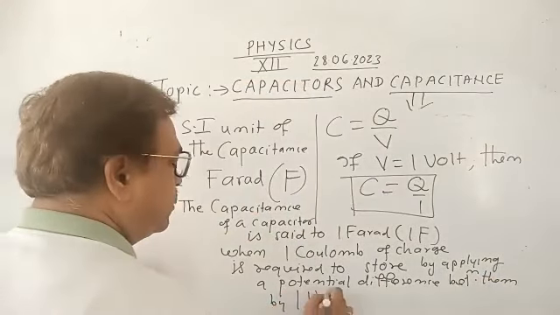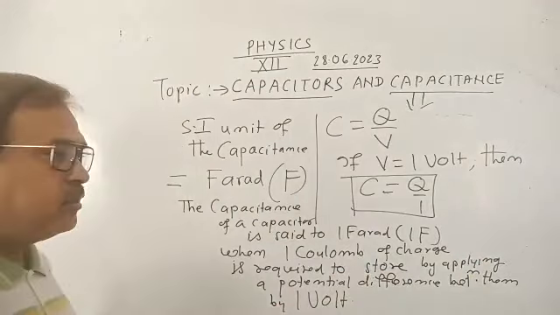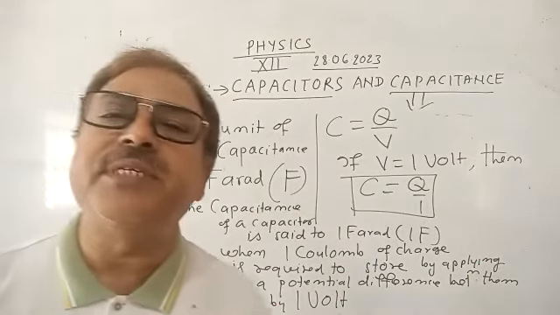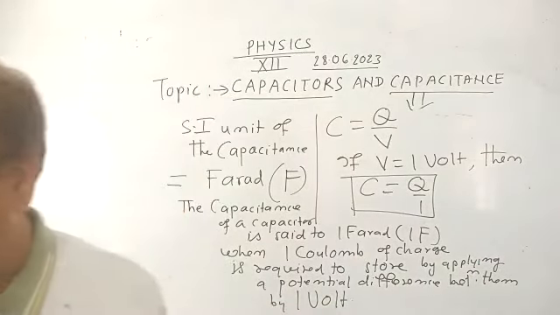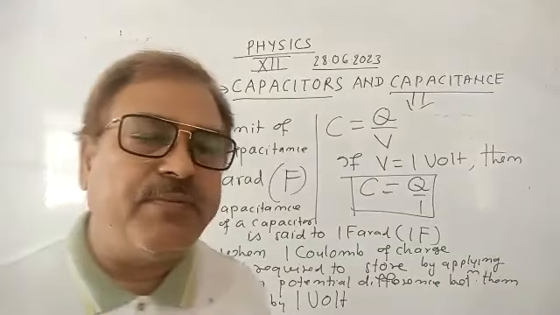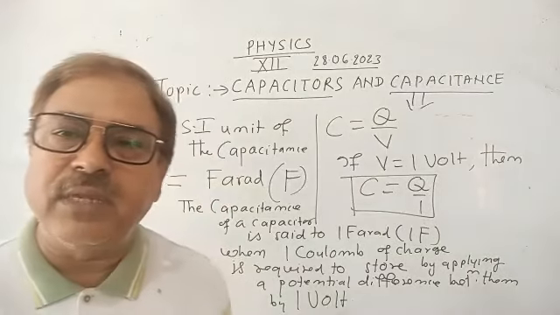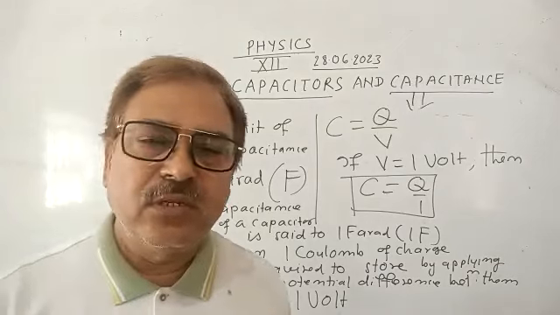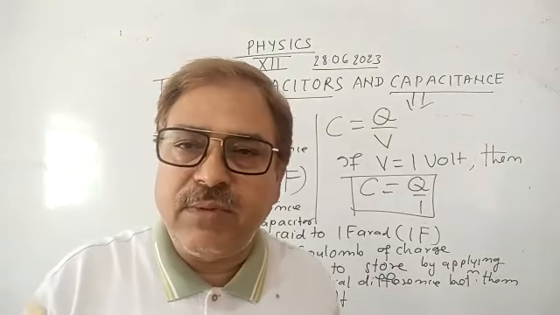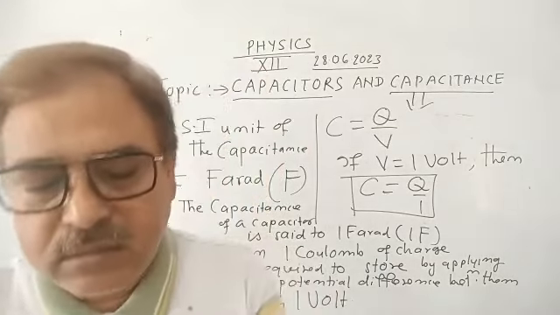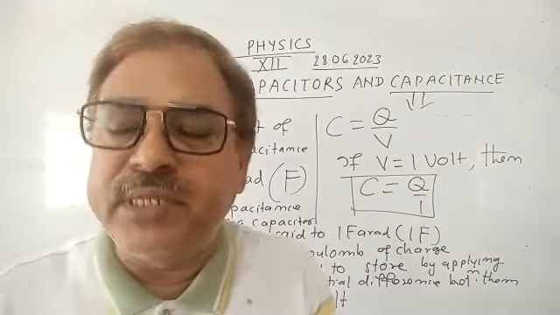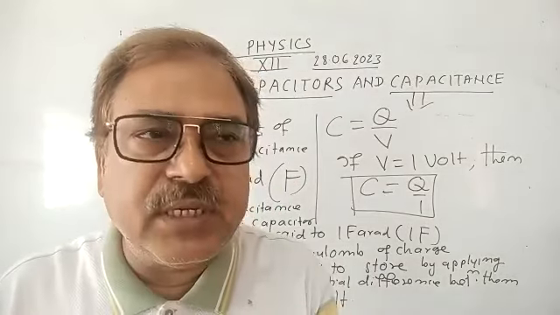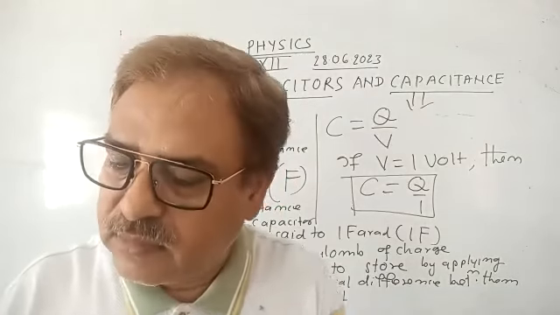So this is the SI meaning of the capacitance of the capacitor. If one volt of potential difference is applied across the plates of the capacitor, so that the total amount of charge stored by it under this condition gives us the value of the capacitance, then capacitance is said to be 1 farad.